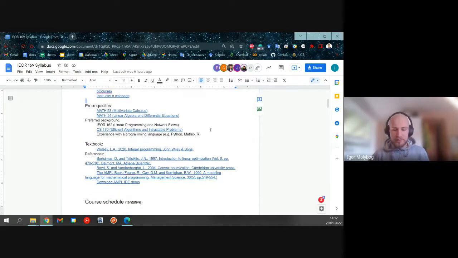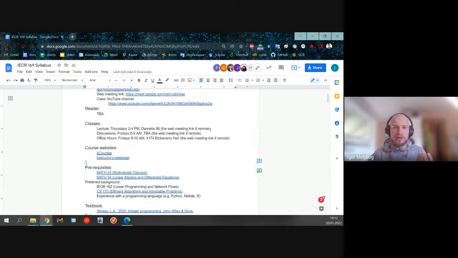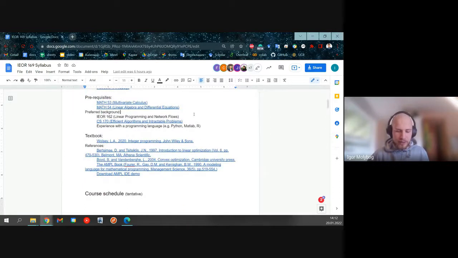Regarding the prerequisites. Oh, let me see if there's any question up to this point. Everything was quite simple so far, right? So regarding the prerequisites, I really hope that you have the background in mathematics. Linear algebra would be particularly useful here. Knowing how to multiply matrices and vectors is definitely a must.